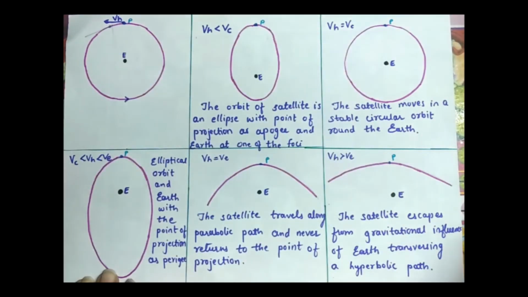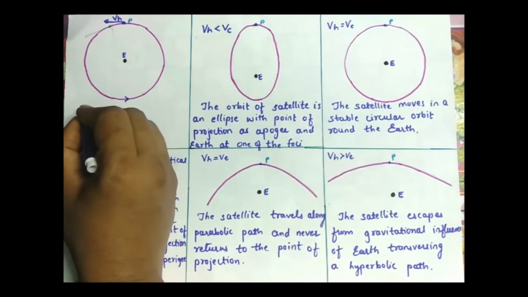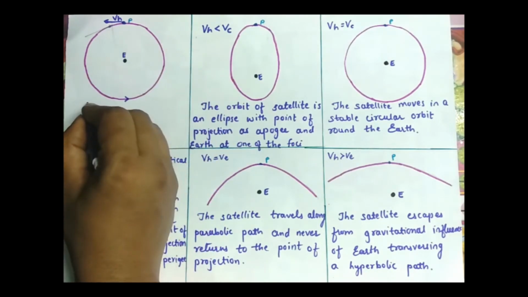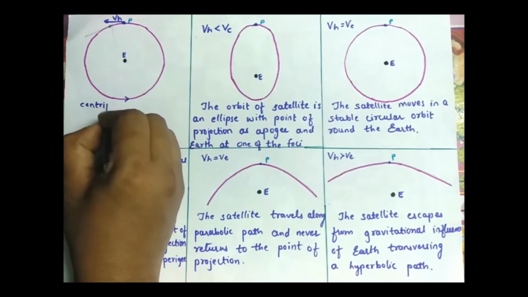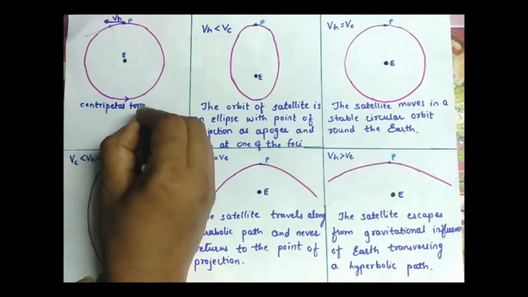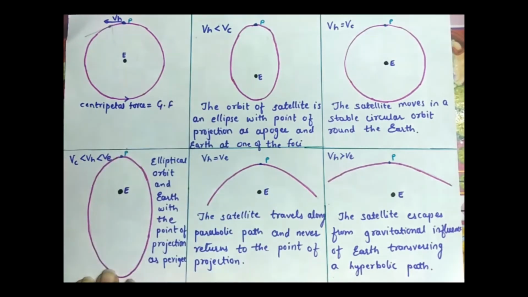Means the necessary centripetal force which is necessary for the circular motion of the satellite is given by gravitational force. So, who plays the role of centripetal force here? Gravitational force plays the role of centripetal force over here.